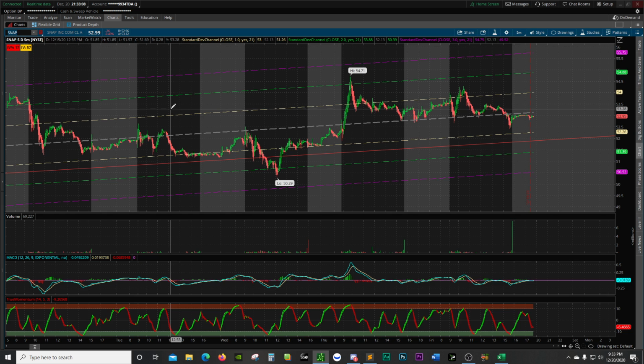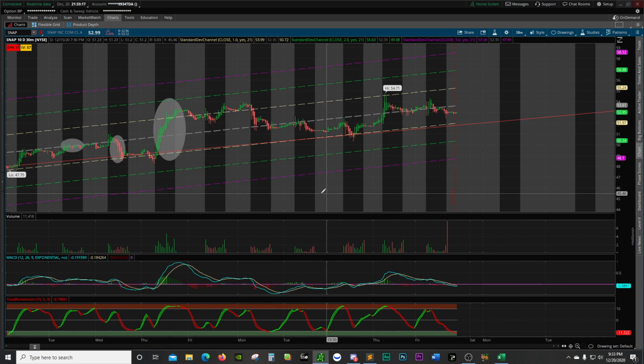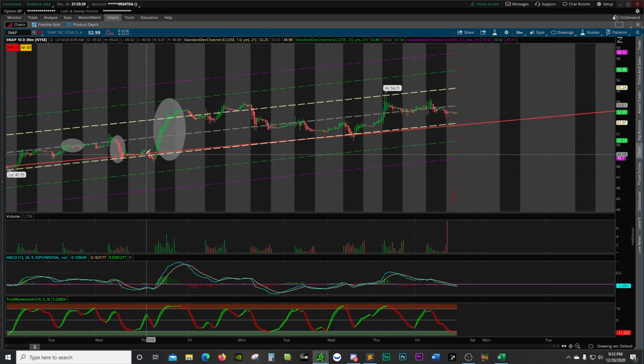The second thing I would say is look at the support levels of the trade. So 10-day, 30-minute is probably a good one to look at. If you see a big rip like this, the support level isn't going to be this one right here.